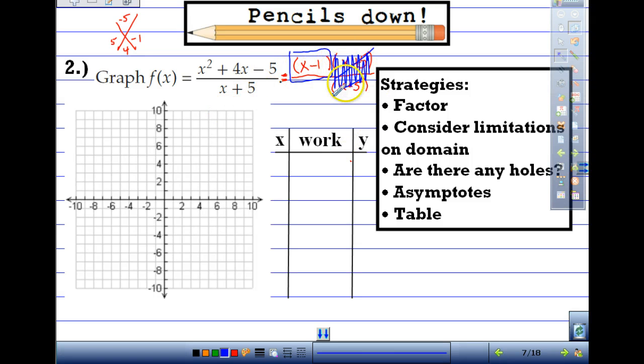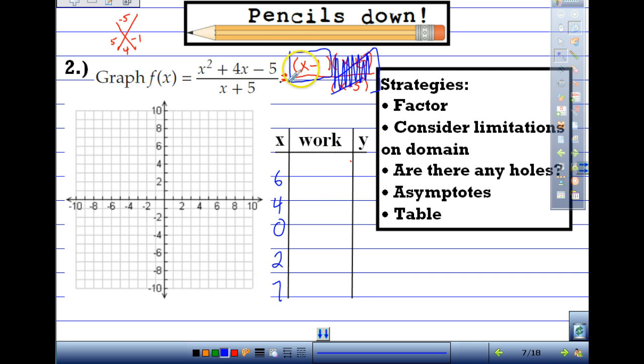But in a sense, it still does something to the graph. So let's just go ahead and graph it as we would normally. We could use a t-chart here. I could just pick 0 and 4 and 6, and then also 2 and 7.